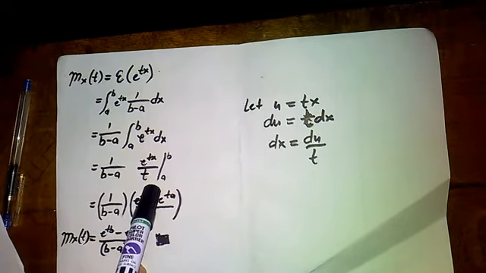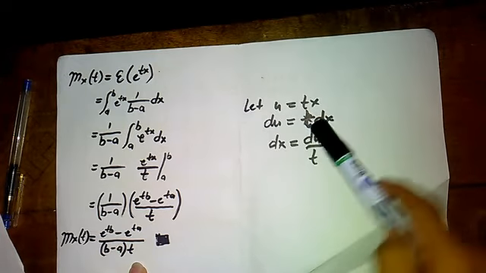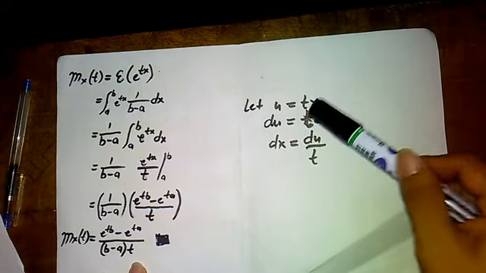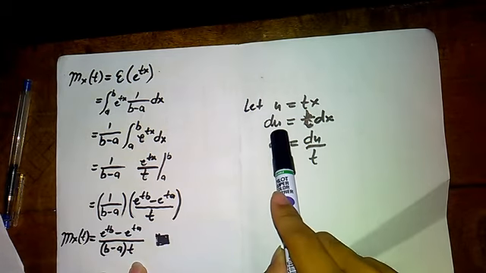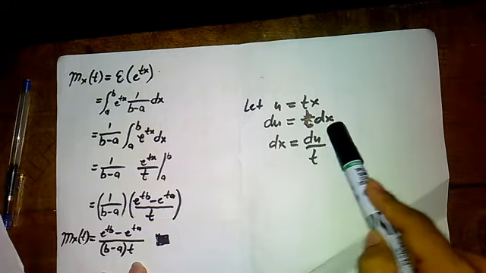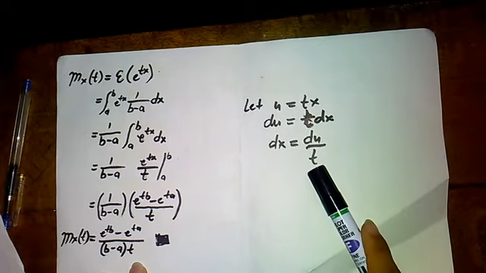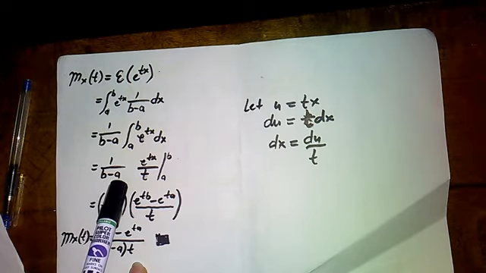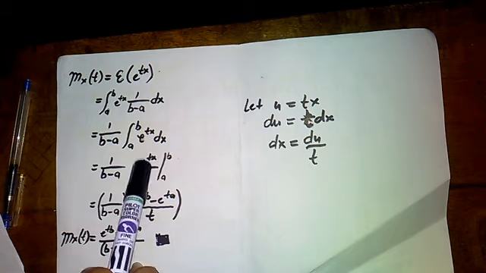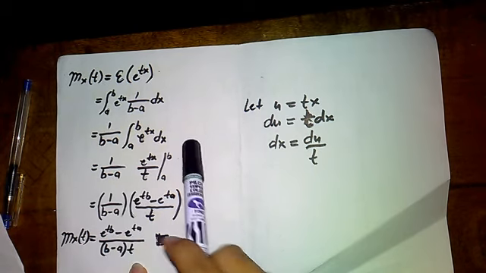To integrate this, we let u equal tx. Since t here is a constant, we have du equal to t dx. To find dx, we have du over t. So we come up with 1 over b minus a times e raised to the power of tx over t evaluated from a to b.